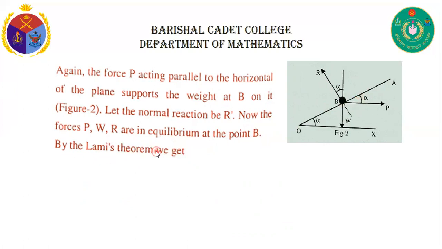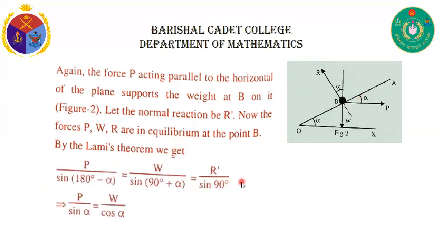Okay. So by the Lami's theorem, we can get P divided by sine 180 degree minus alpha as usual, equal to W divided by sine 90 plus alpha, that means here is 90 and it is alpha, that is 90 plus alpha, equal to R prime divided by sine 90, this is 90. So P divided by sine alpha equal to W divided by cos alpha, from first and second the ratio we can get.